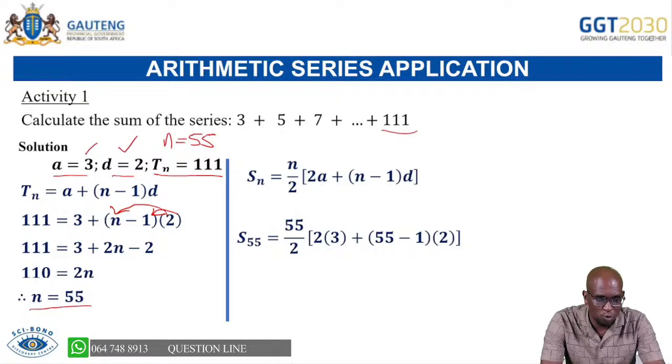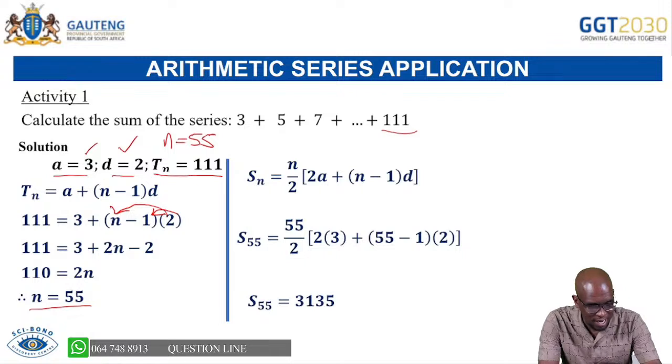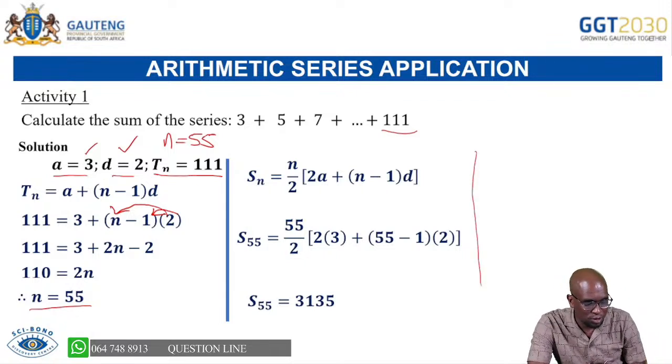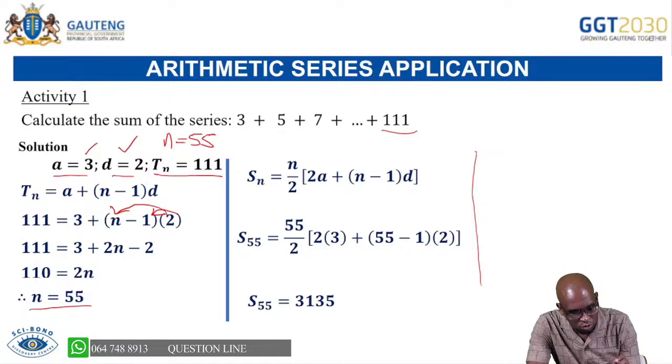And where we see n in the formula, we put 55, right? Now simplifying that further and putting our result in the calculator gives us the sum of the first 55 terms, they sum up to 3,135.